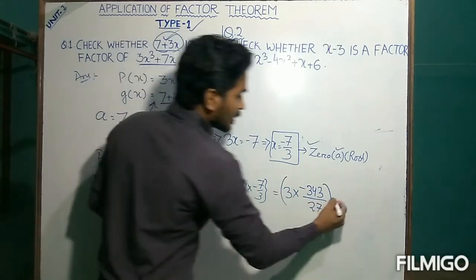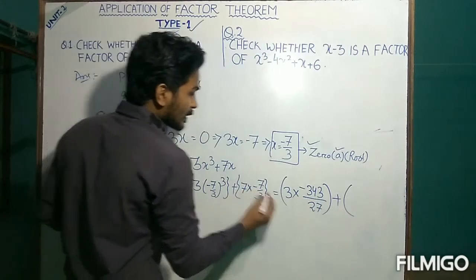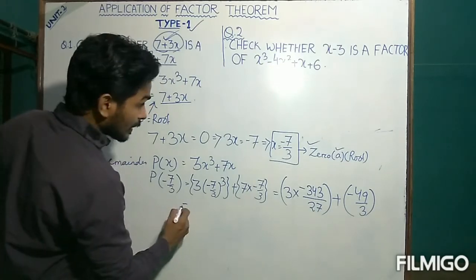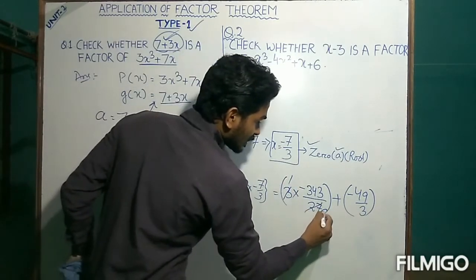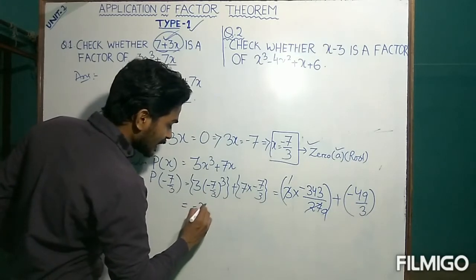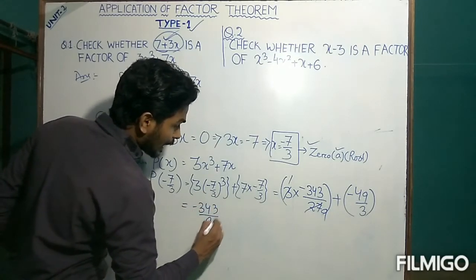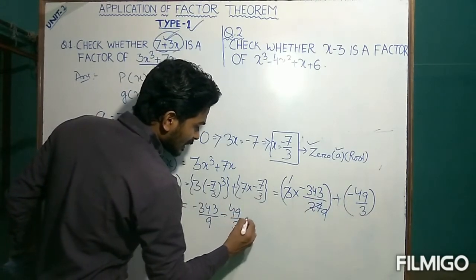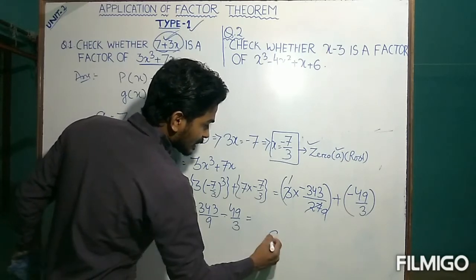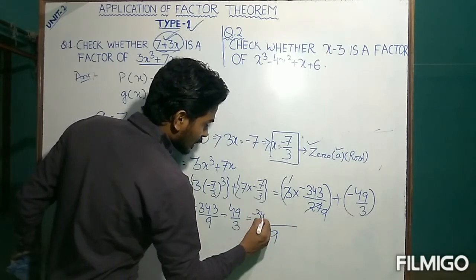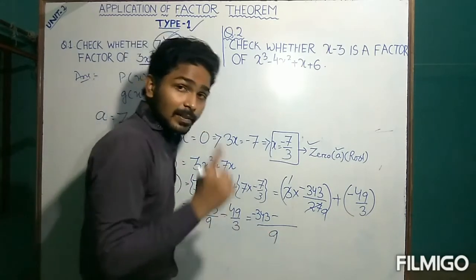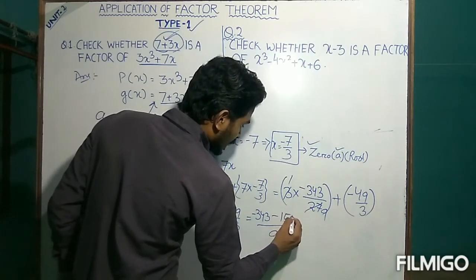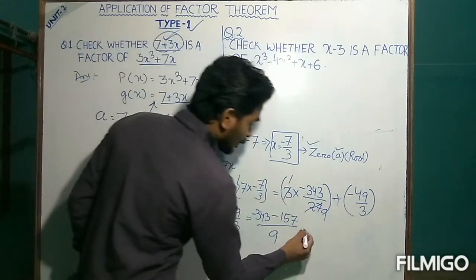Then plus 7 into minus 7 by 3 is minus 49 by 3. Then you can cancel out 3 with 27 to get 9. So it will be minus 343 by 9 plus minus 49 by 3. Now the LCM of 9 and 3 is 9. Minus 343 minus 3 into 49, which is 147.